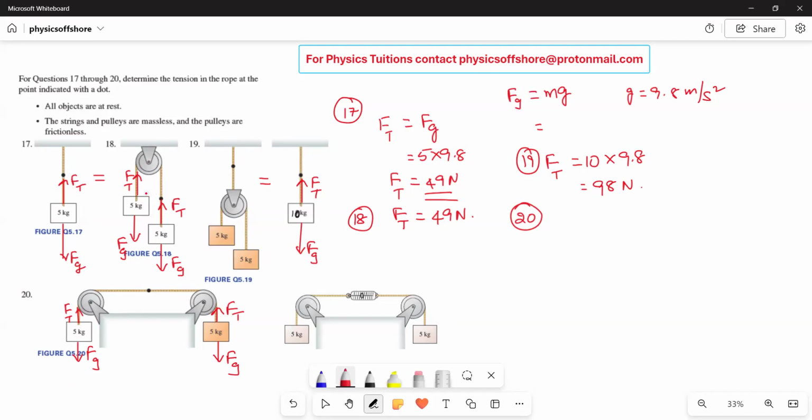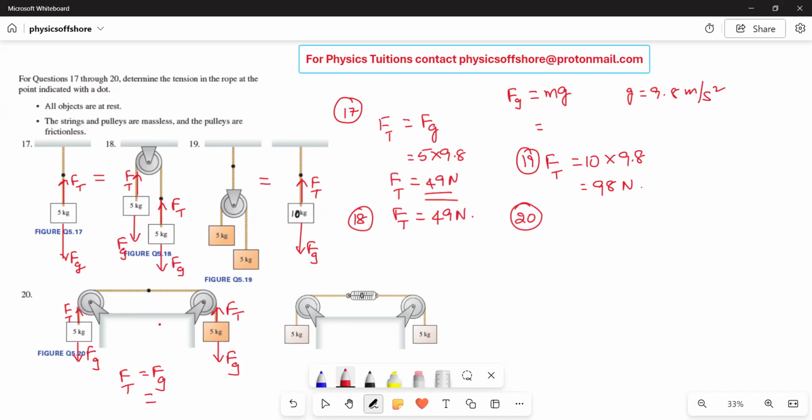Picture 18 and 20 will make sense for you. Here Ft is balanced by Fg. So the entire string has the same force of tension, and Fg is the same. Therefore, Ft is equal to Fg, which is 49 newtons. Am I right?